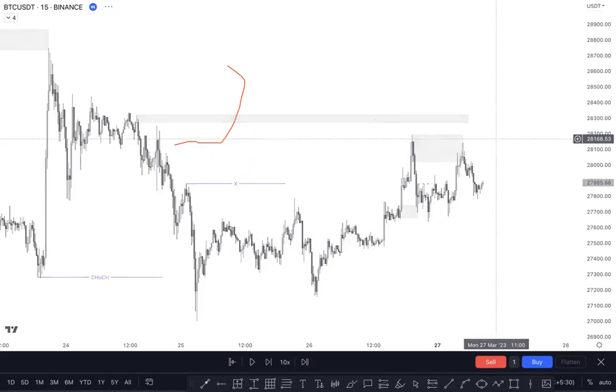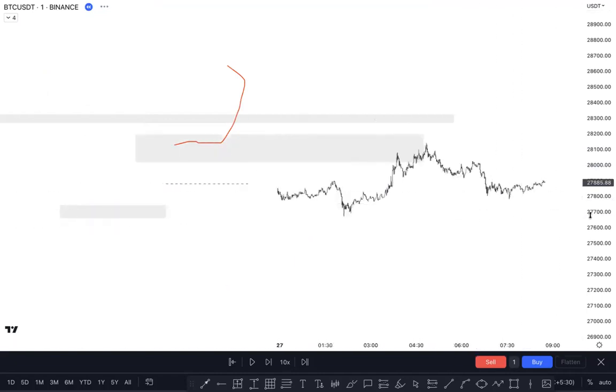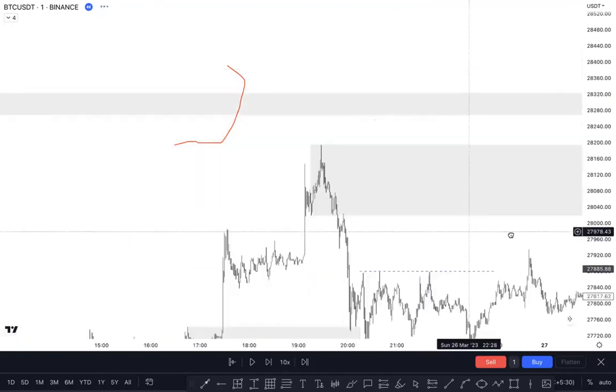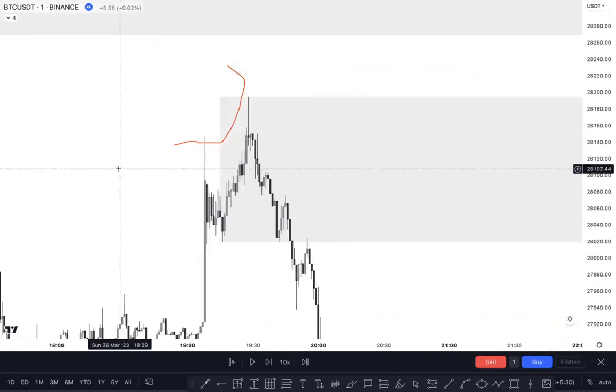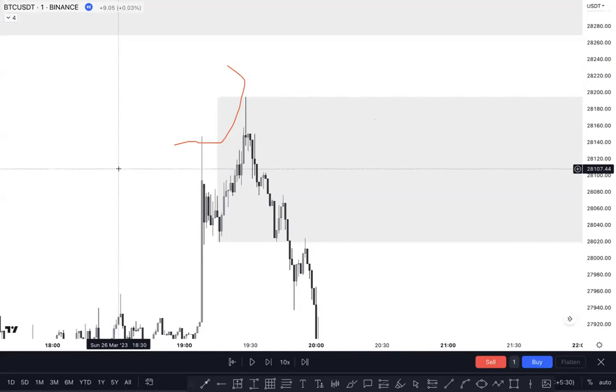Okay, so you have to switch here to the 1 minute time frame to see exactly where our 1 minute order block is. So everyone mark here where our 1 minute order block and shadow is, and you have to mark the high probability order block or shadow.